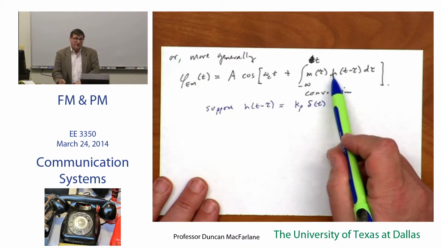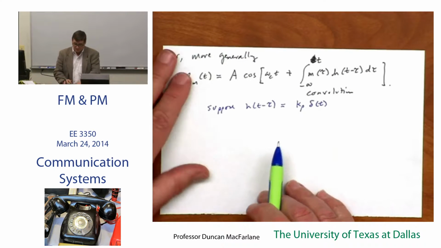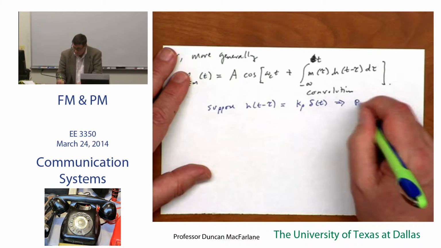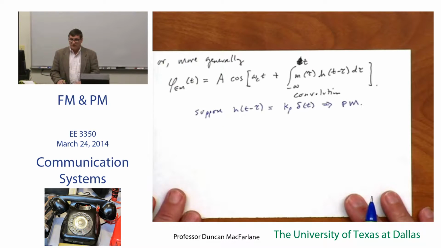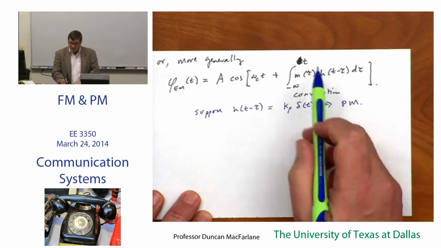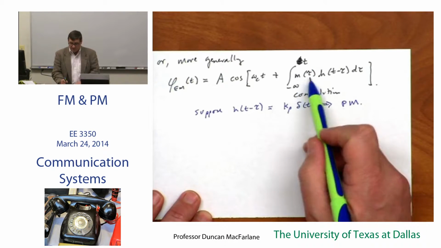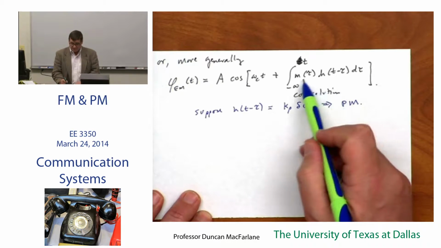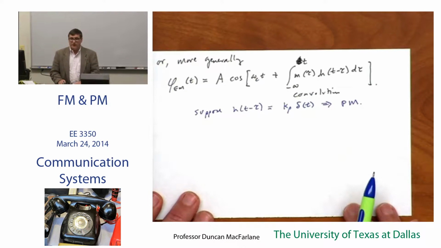The shifting property tells me that that integral is just m of t. In that case, I get phase modulation. Okay? So if I put Kp del of t in for h of t minus tau, then the Kp goes through the integral, and I'm left with the integral from minus infinity to t of m of tau, which is m evaluated at tau equals t, or m of t.